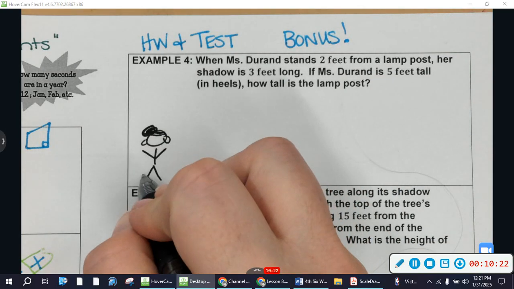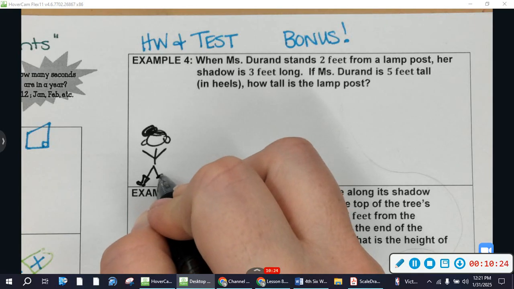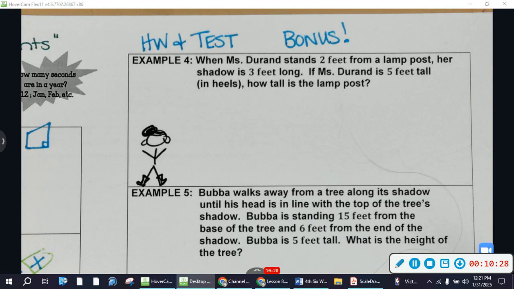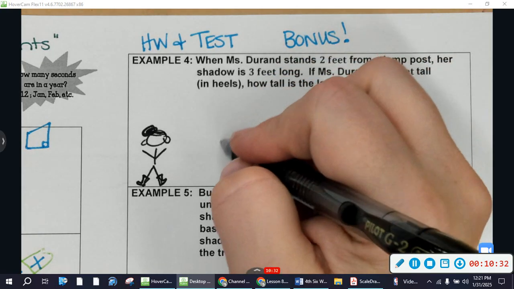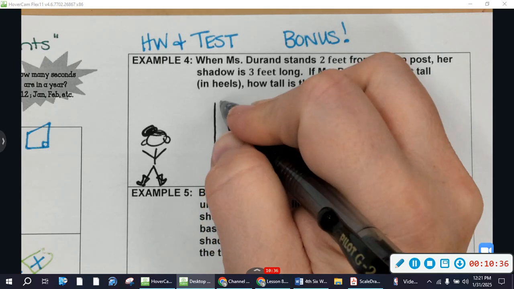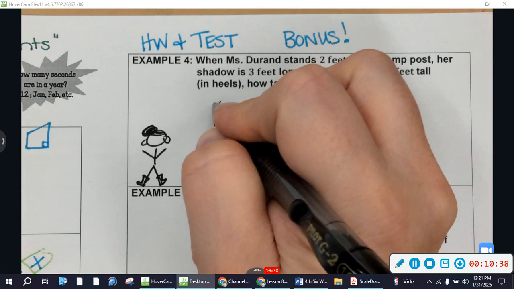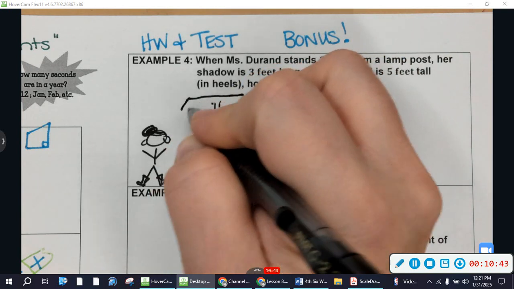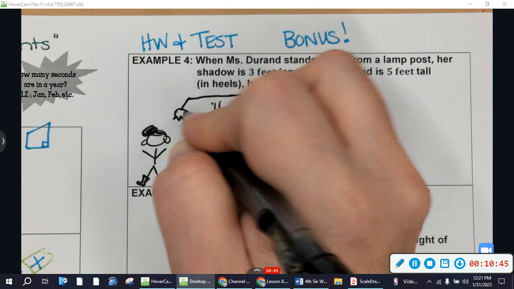I've got on boots today. Alright, cool. So there's me, and then there's a lamppost. There's lots of different kinds of lampposts that you could draw. I'm going to do the one that kind of kicks out some light like this.